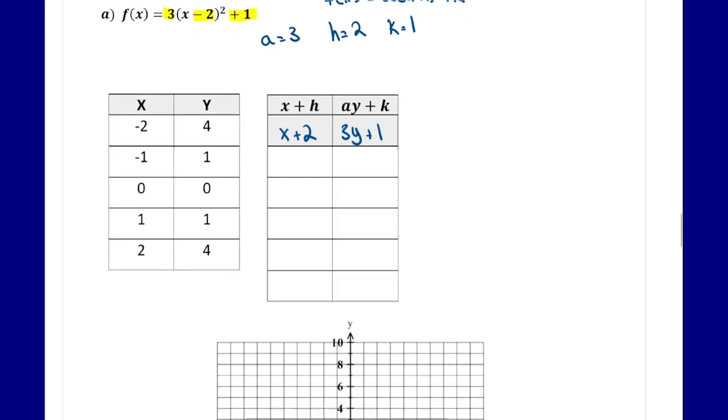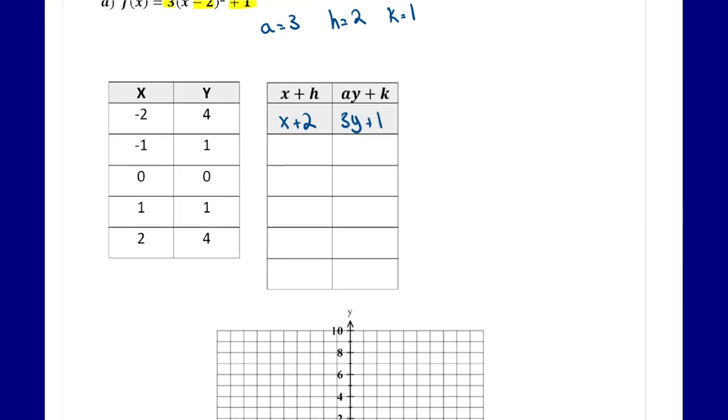So now I can come up with my points. Negative 2 plus 2 is 0. 4 times 3 plus 1 is 13. Negative 1 plus 2 is 1. 1 times 3 is 3 plus 1 is 4. 0 plus 2 is 2. 0 times 3 plus 1 is 1.